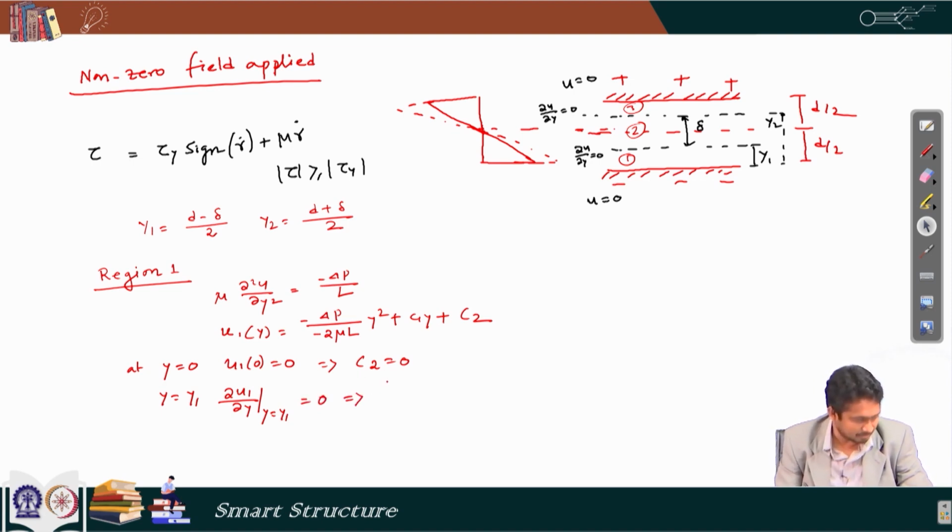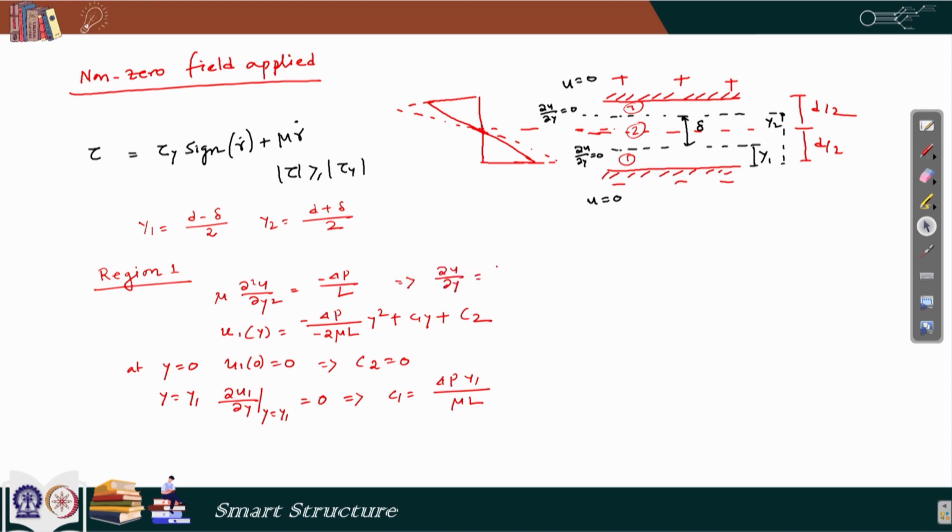That tells me that C1 equal to delta p y1 by mu L. Just to show it, we have del u by del y equal to minus delta p y by mu L plus C1.